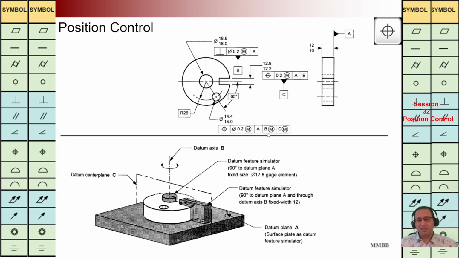Conceptually, I can say whenever we are going to have this modifier for datum reference, we are going to have this mobility. We can shift the component. We are going to give more freedom to that component. This is M for datum feature, let's say shifting, mobility, something like that.